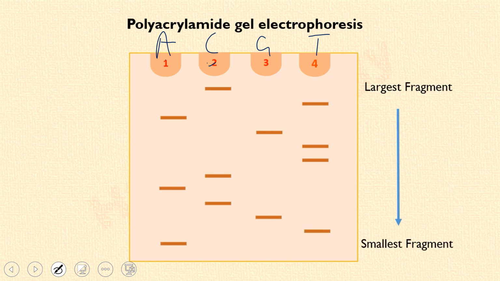We know that in gel electrophoresis, DNA is going to be separated on the basis of its size. The smallest DNA moves the maximum. So the smallest DNA piece will be farthest, at the last point, and the largest DNA will be near the well. So all these lanes have been arranged on the basis of their size.